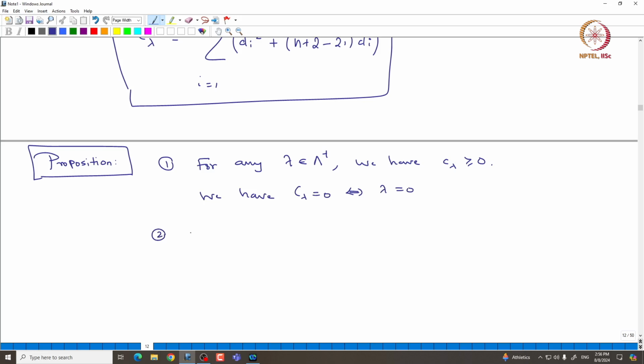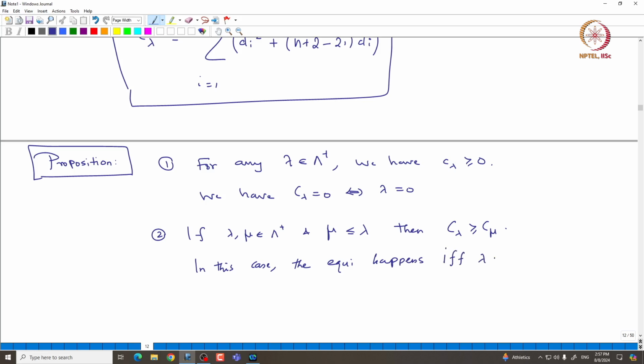This is a very important thing. If lambda and mu are both dominant and mu is smaller than or equal to lambda with respect to the dominance order, then one can conclude that C lambda must be greater than or equal to C mu, and the equality happens if and only if lambda equals mu. That is, if mu is less than or equal to lambda, both dominant, and C lambda equals C mu, this implies lambda equals mu.